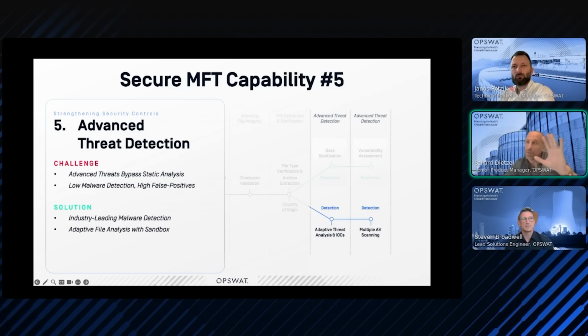But as I mentioned, let's not just think small here. Let's think big. Beyond what AV engines can give us, we also use heuristics and behavioral-based detections to flag suspicious patterns. And yes, even then, we assume something might slip through, and that's where sandboxing and file emulation come in.